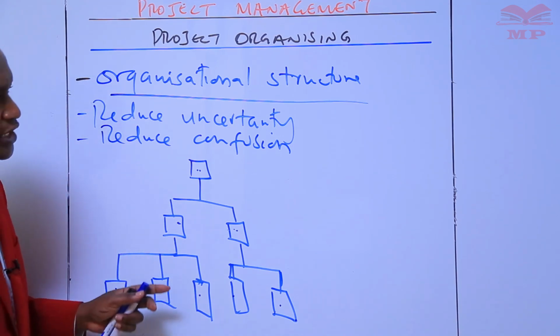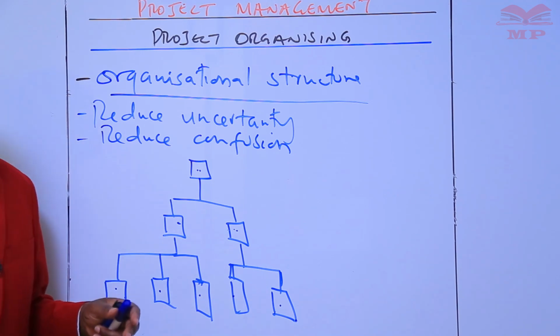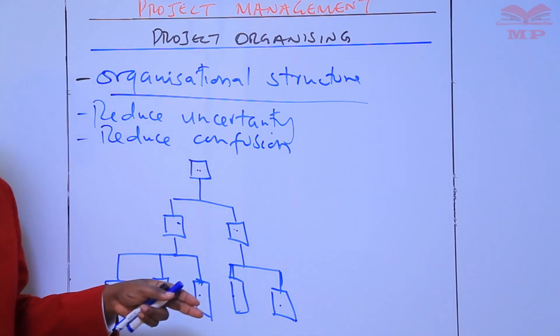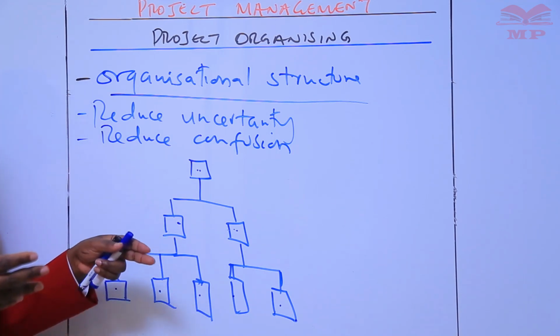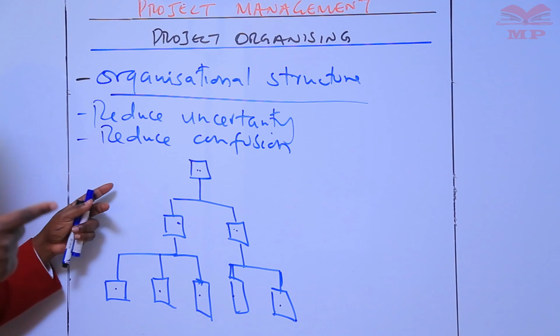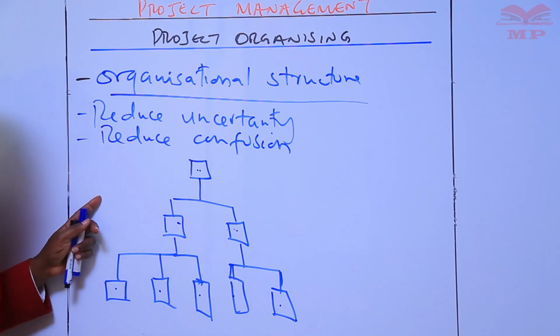But it should be noted that a structure should not be designed to be too rigid or too loose. Why? Because the project organization's purpose is to facilitate the interaction of people to achieve the project's ultimate goal within the specified constraints of scope, schedule, budget, quality, cost, time, and so on.